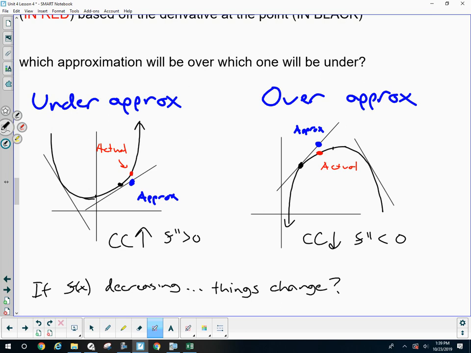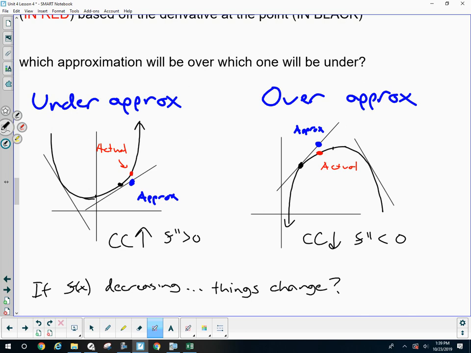Look, no matter whether I'm decreasing concave up or increasing concave up, all of the values on my tangent line are below the curve: under approximations. All the values of my tangent line, if we are concave down, decreasing, are above the curve: over approximations.